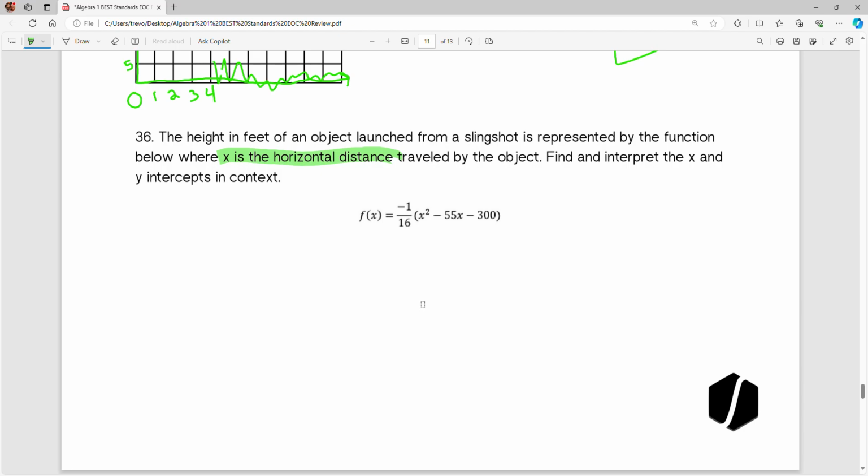So my f of x is my y, and my y-intercept I can find pretty quick, because this has an x, this has an x. So if those were 0, it would be negative 1/16 times negative 300.